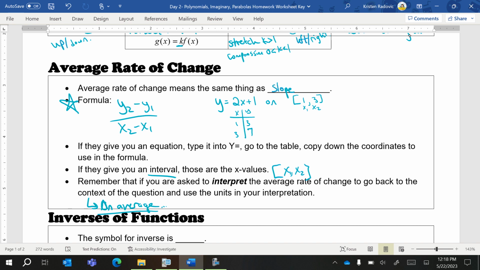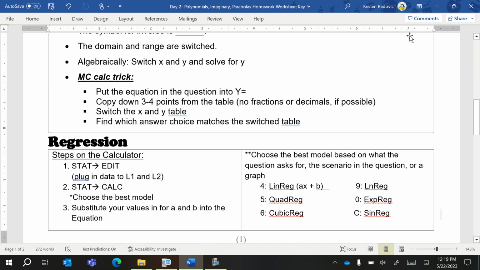You're going to now do y2 minus y1 over x2 minus x1. So 7 minus 3 over 3 minus 1. And you would get that the average rate of change, if you were to put this in the calculator, is 2. And the positive 2 means that you are increasing. If our answer was negative 2, it would mean that the graph was decreasing at that value.